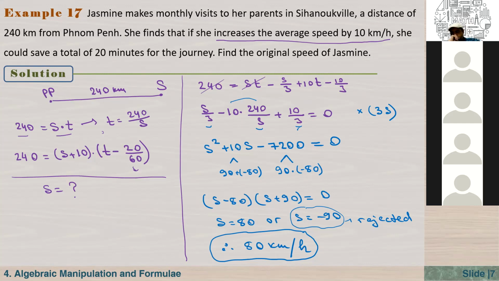Do you see S divided by 3 minus 10 multiplied by 240 divided by S plus 10 divided by 3 equals 0? Yes. Sir, I don't understand why it equals 0. No, this ST is equal to 240, right?